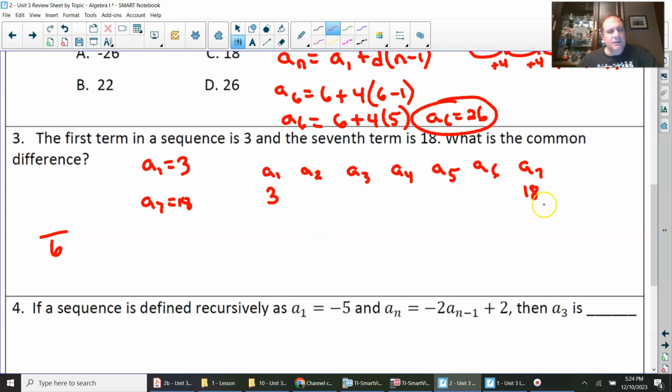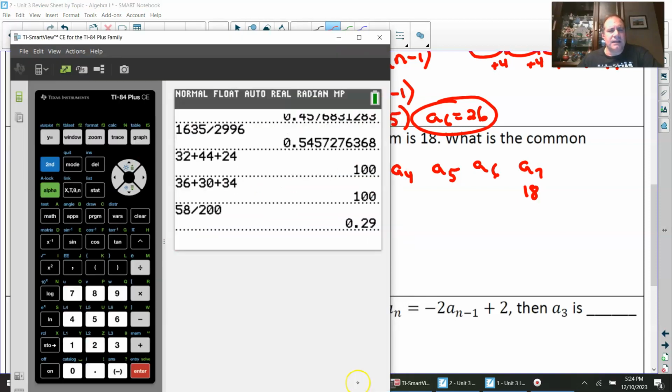So I'm just going to subtract the 2 numbers, 18 minus 3. So that becomes 15. And I'm going to divide it by the 6 to figure out how much it actually jumps each jump.